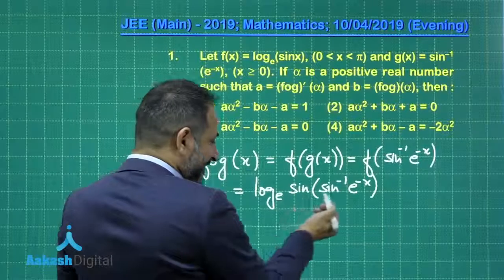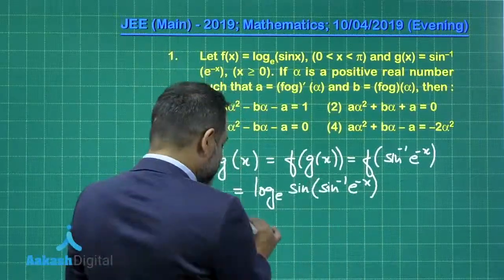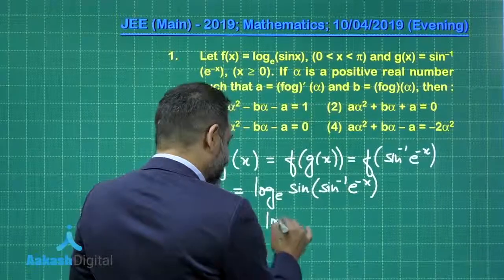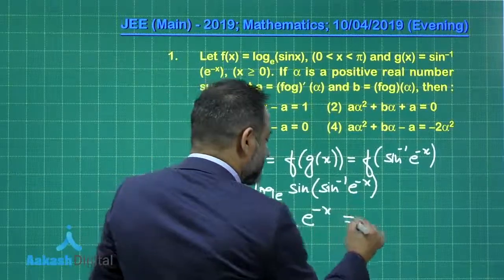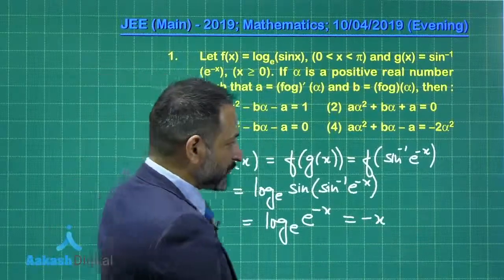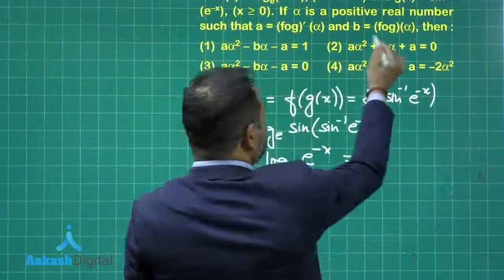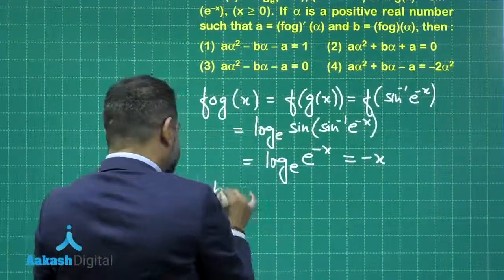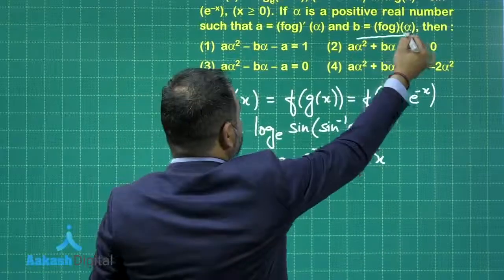Now you can easily note that sine of sine inverse e raised to the power minus x is simply e raised to the power minus x, and this will give you a simpler value, that is minus x. So what do we have to find out? First we have to find the value of b, and that b is definitely the value of the composite function at alpha.